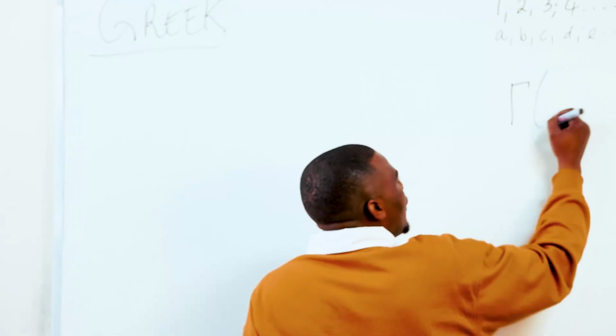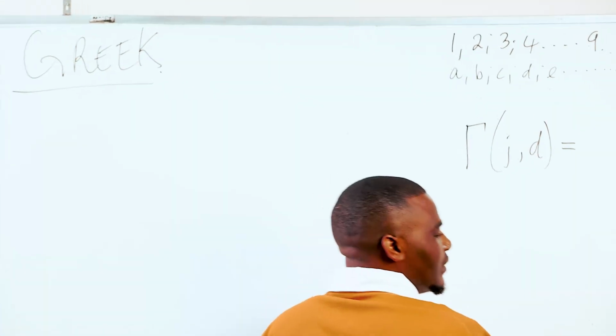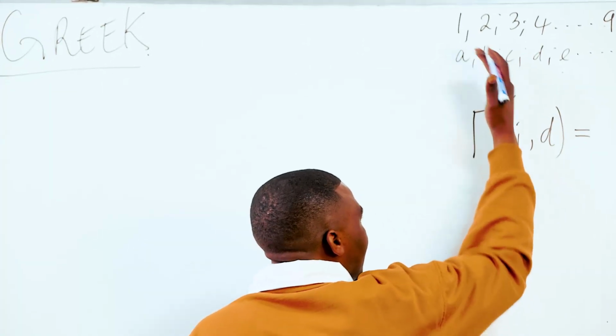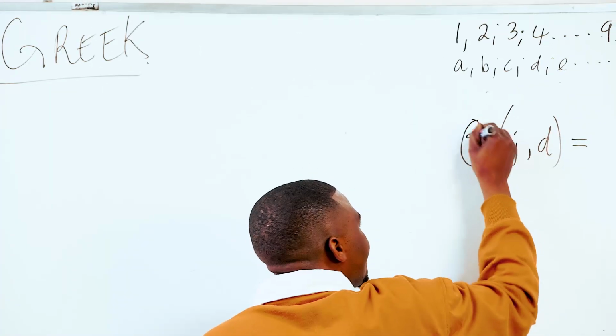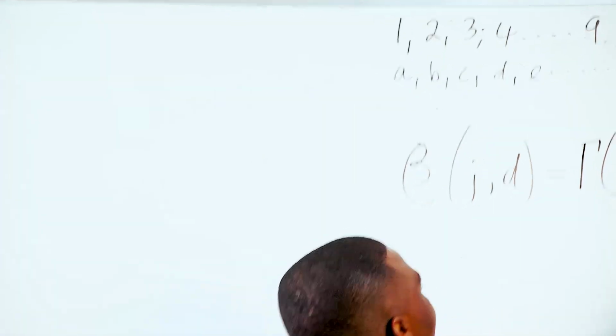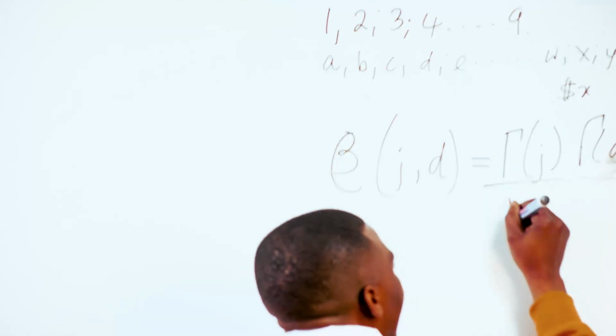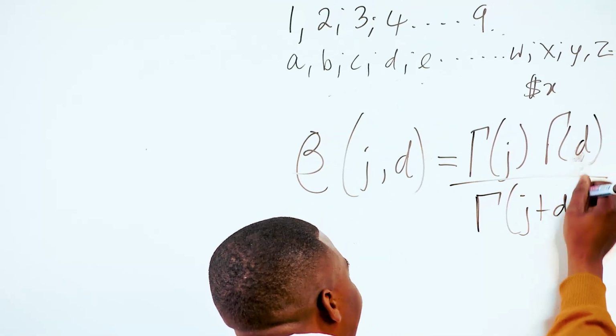Imagine if you see something written like, let's say, the beta of JD is equivalent to the gamma of J times the gamma of D, divided by the gamma of J plus D. Immediately, when you see a statement like this, your adrenaline starts to rush throughout your body because you feel like, oh, this is complicated.